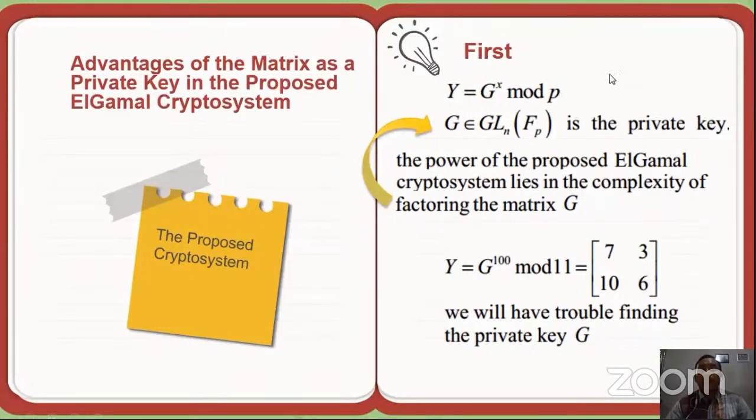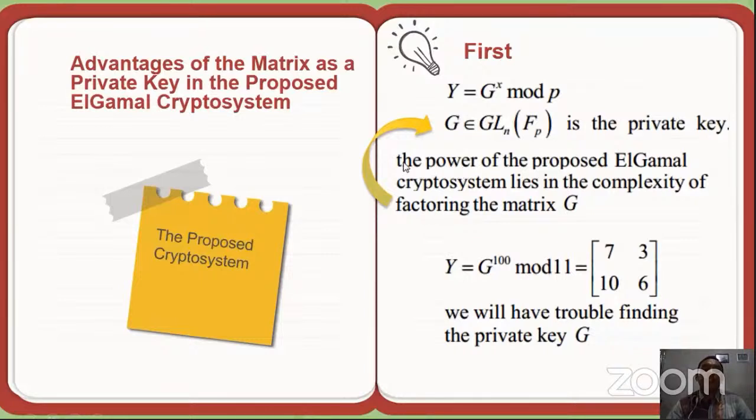In this equation, G is an element of the general linear group over the field Fp, which is the set of all non-empty matrices with non-zero determinant. This is a general linear group. We choose it for the private key.